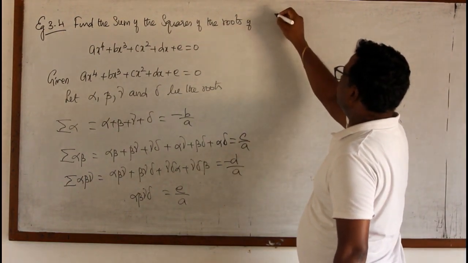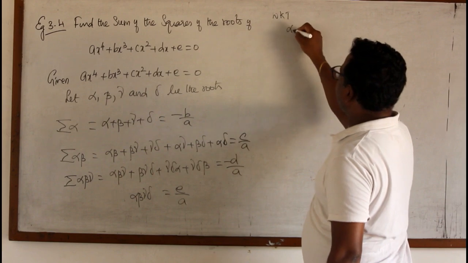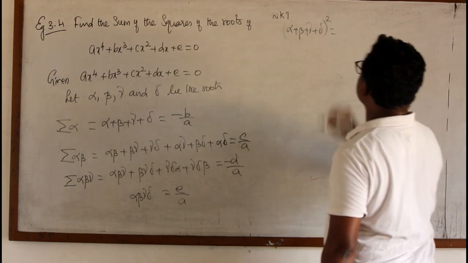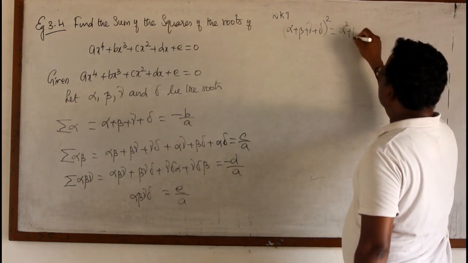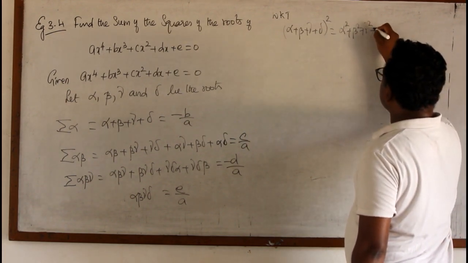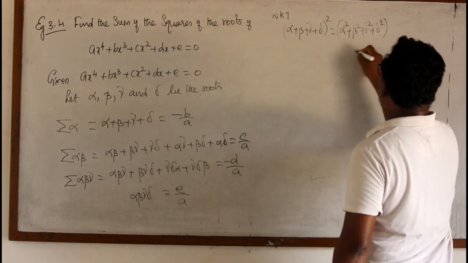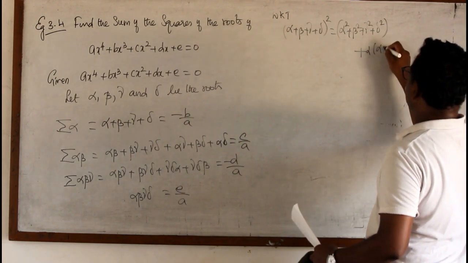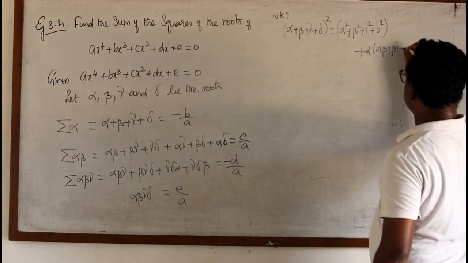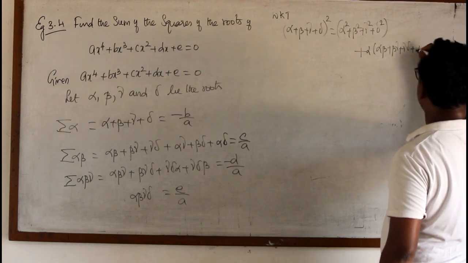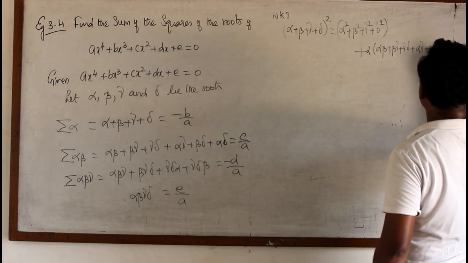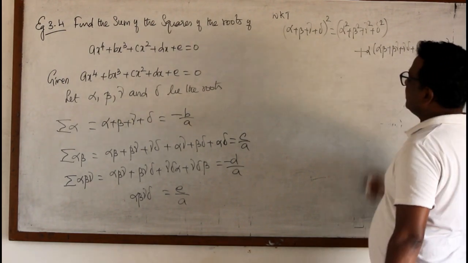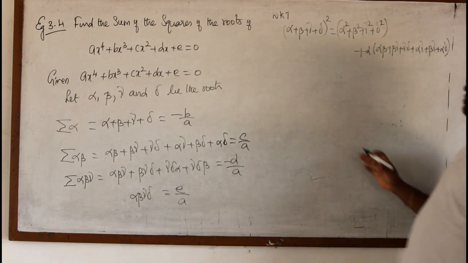To find that, we know that alpha plus beta plus gamma plus delta, the whole square, is alpha square plus beta square plus gamma square plus delta square plus 2 into alpha beta, beta gamma, gamma delta, alpha gamma, beta delta and alpha delta. We shall apply all the values we have.